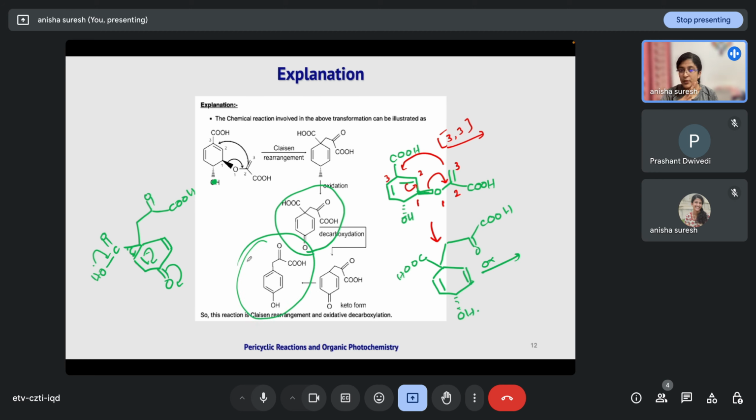So the sequence of the reaction is, first a Claisen rearrangement, that is a 3,3 sigmatropic rearrangement, followed by an oxidative decarboxylation reaction. First oxidation is taking place, followed by a decarboxylation reaction.